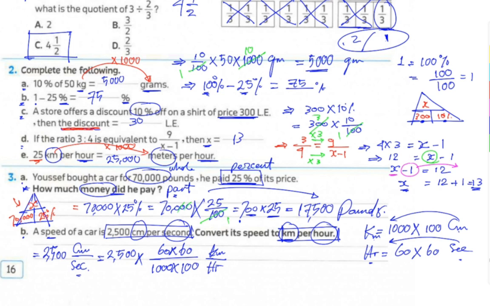Now I need to find the result or the product. Now I changed centimeter to kilometers and second to hours. Now let's simplify. I have here 100 with 100, and I have 20 with 20 here.